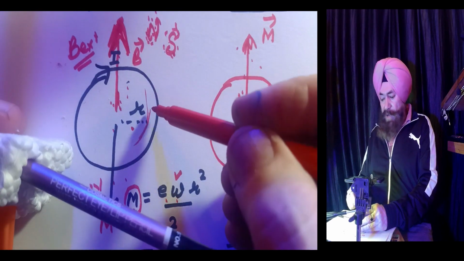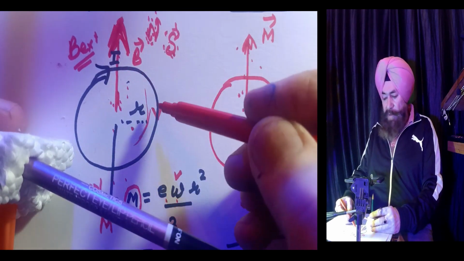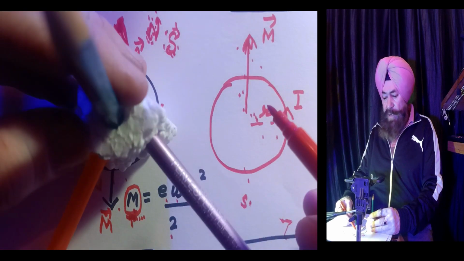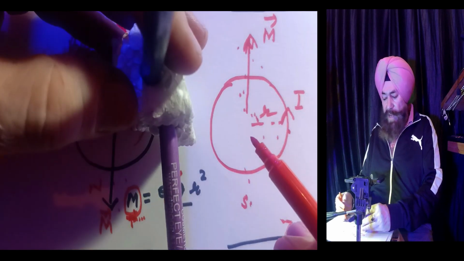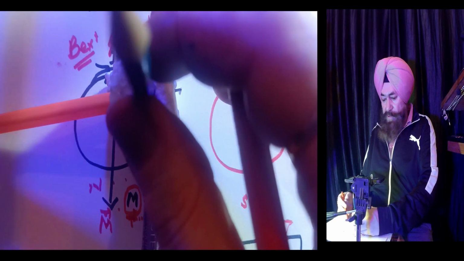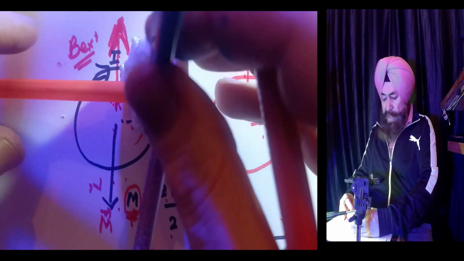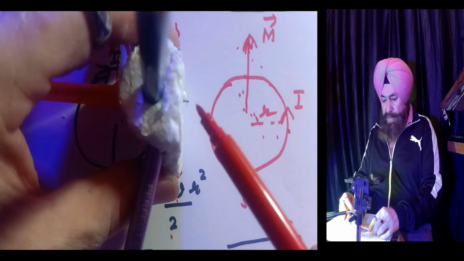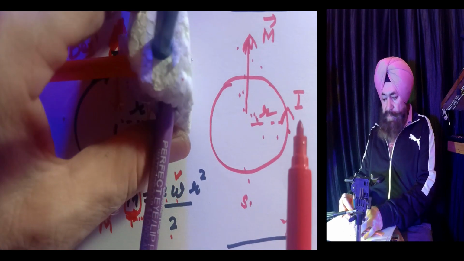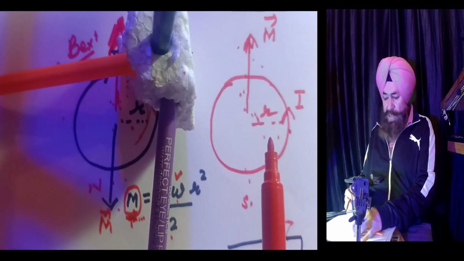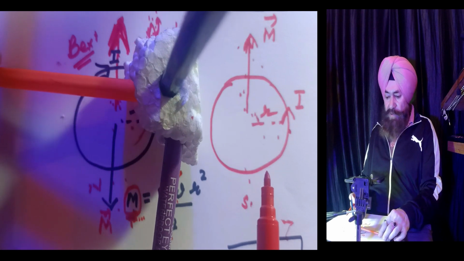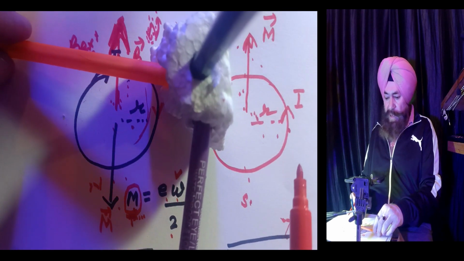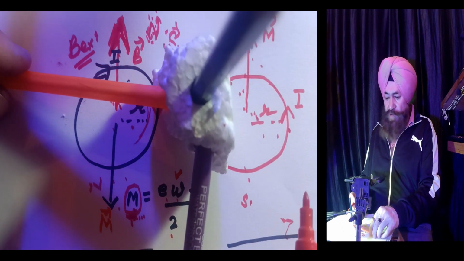Now the magnetic field is upward. Now I apply it here. The current is in clockwise direction, so I turn it like this. The magnetic field is in the upward direction, this is the direction of the current, and this will be the direction of the force.